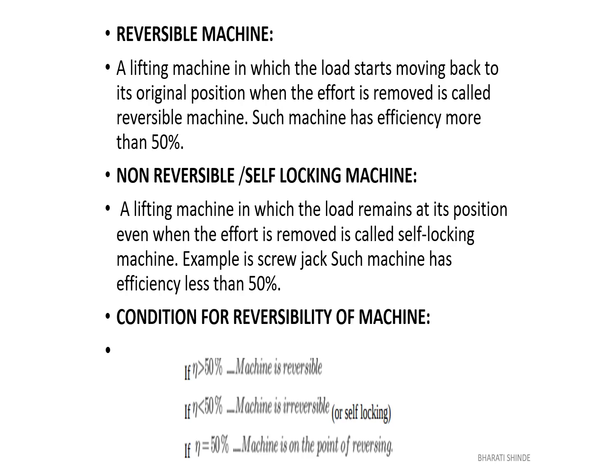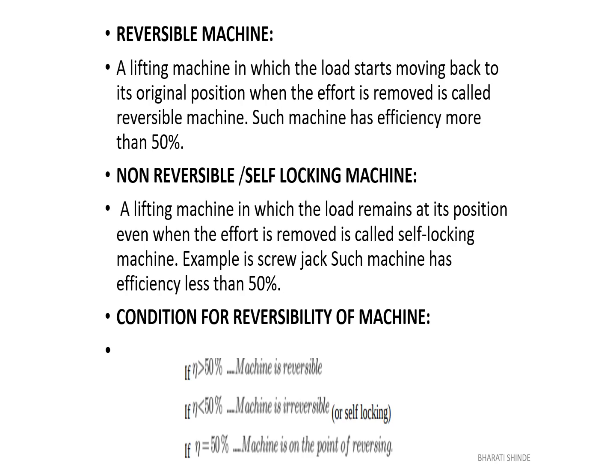Then we will see non-reversible, also called a self-locking machine. A lifting machine in which the load remains at its position even when effort is removed is called a self-locking or non-reversible machine, and its efficiency is less than 50%. So the efficiency of a reversible machine is greater than 50%, and the efficiency of a self-locking or non-reversible machine is less than 50%.